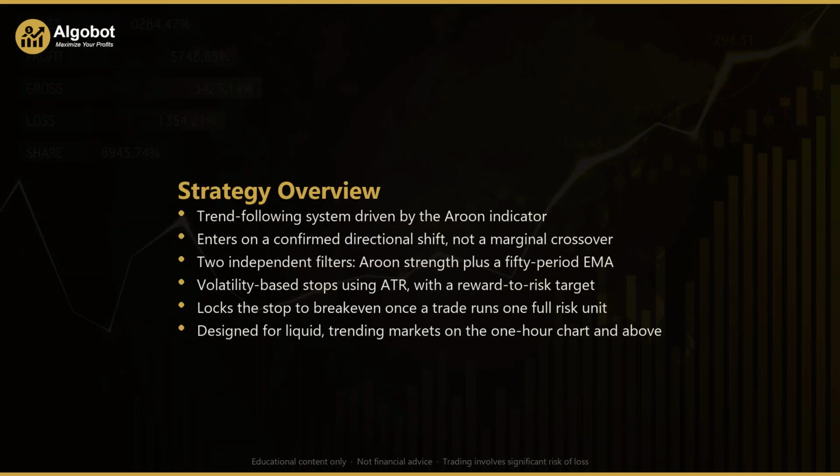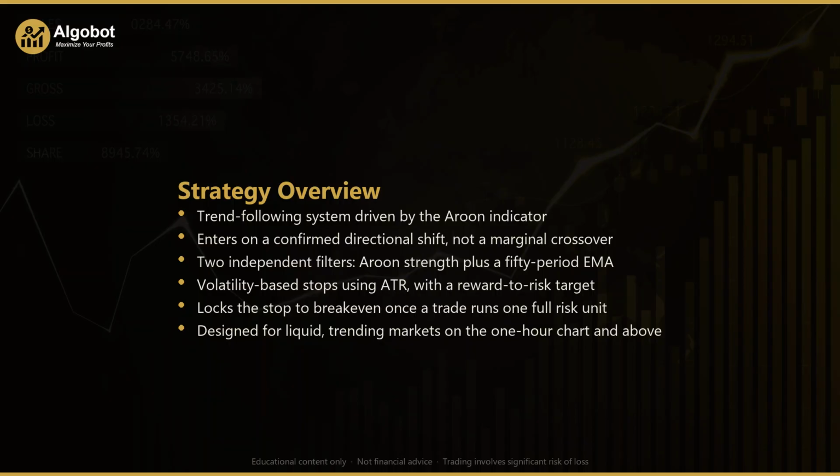So what exactly does Aroon Trend Shift do? At its heart, this is a trend-following expert advisor. Rather than trying to catch exact tops and bottoms, it aims to identify when the balance of momentum has clearly shifted from one direction to the other, and then it looks to travel with that move. The engine behind it is the Aroon indicator, developed in 1995.